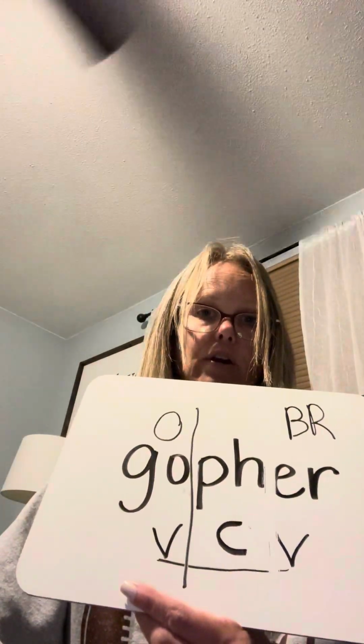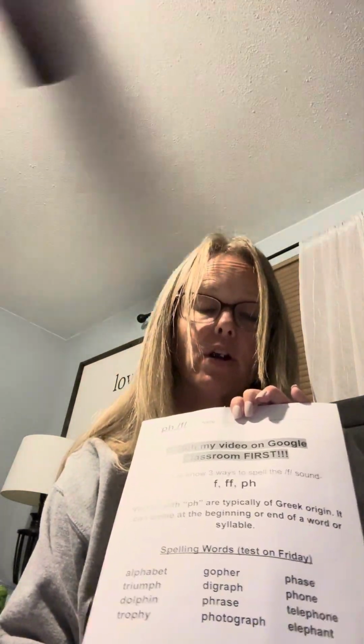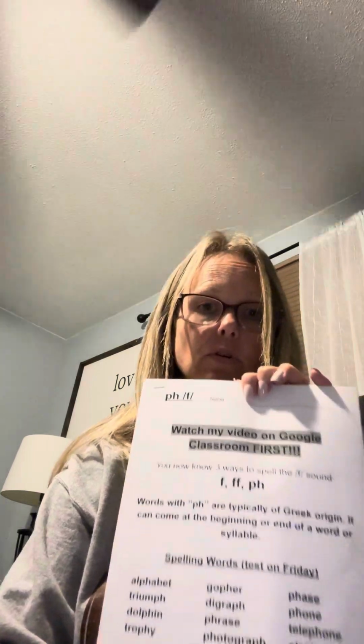So don't forget you can use syllabication if you don't know those words to figure out what they are. You've got 12 spelling words this week with the PH in them. They can come at the beginning of the word, at the end of the word, or at the beginning or ending of a syllable, just like in gopher. It was the beginning of the second syllable.